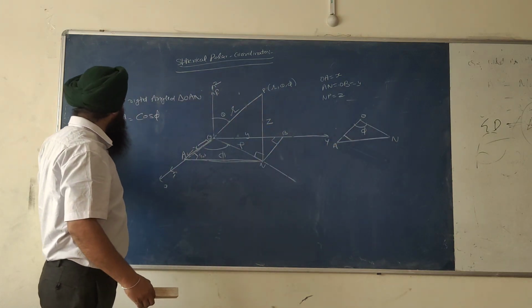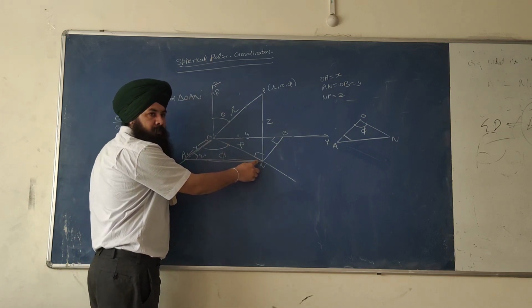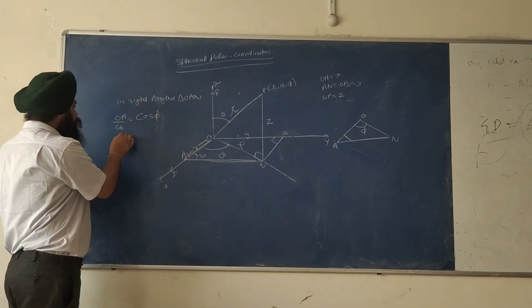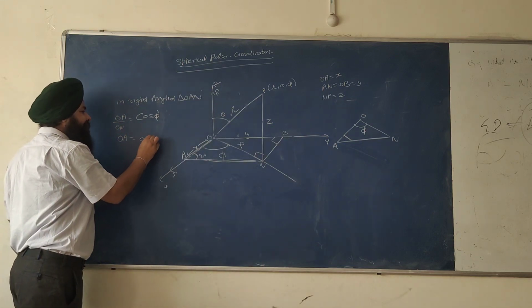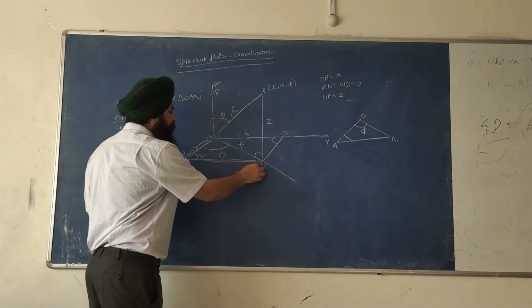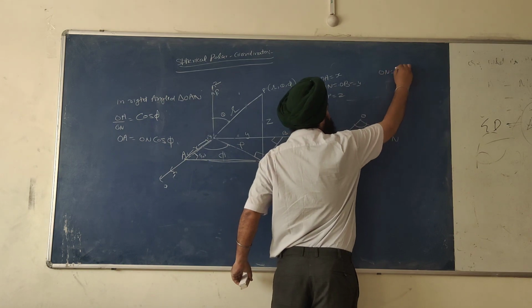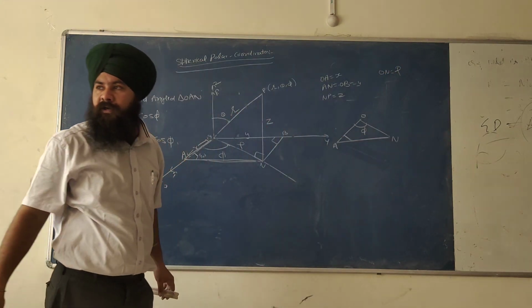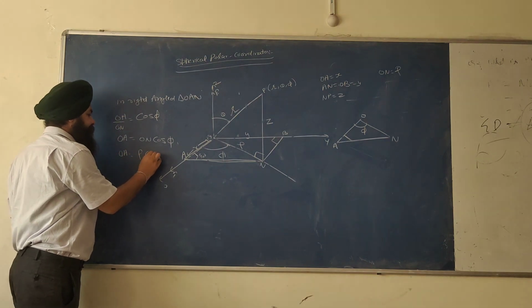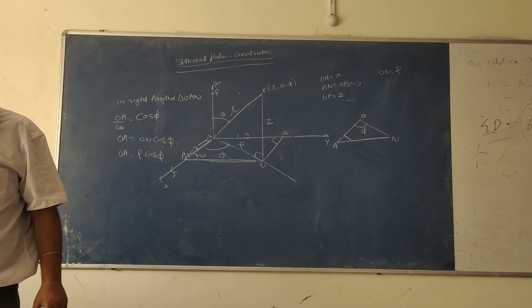So OA upon ON is equal to cos phi. So OA is equal to ON cos phi. What is ON? Rho. So OA is equal to rho cos phi.